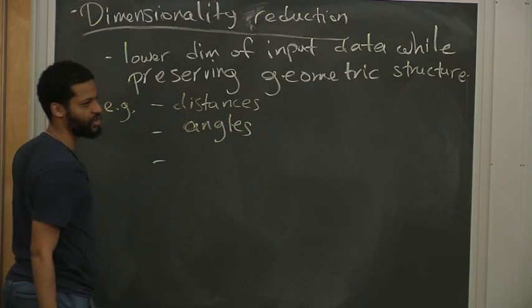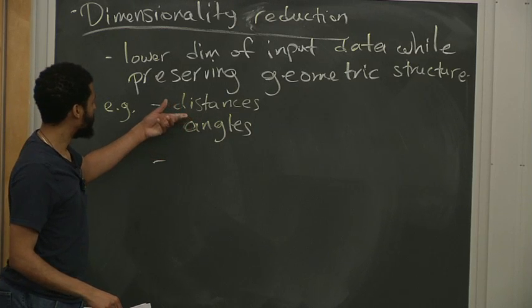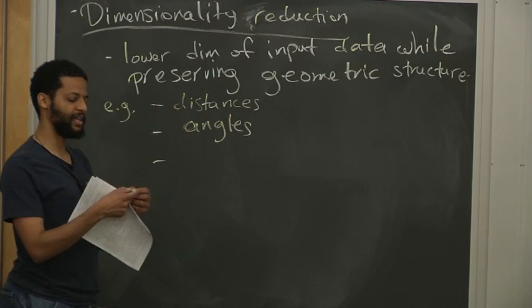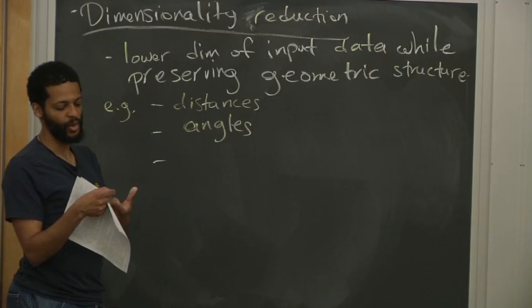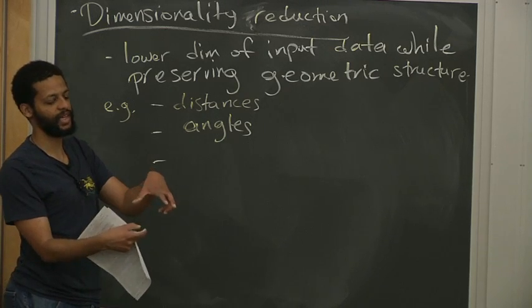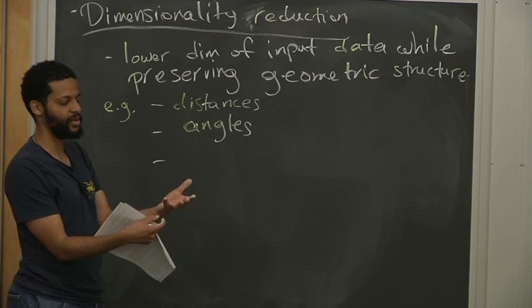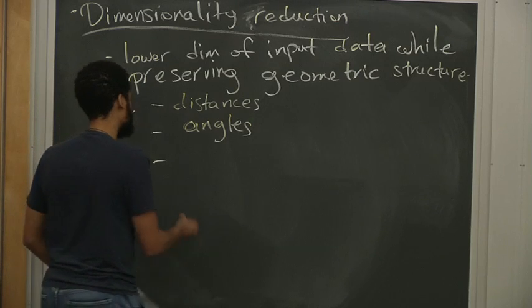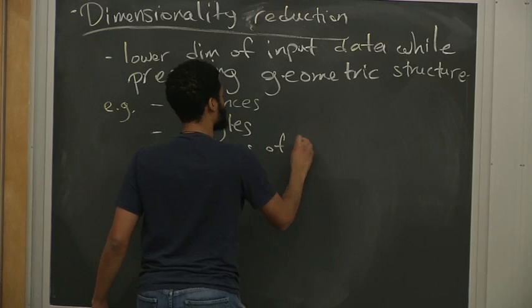Or so what's the distance? Take any two pairs of points and look at the length of the line between them. And maybe you want to do a higher dimensional version of that. Take any subset of k points. You want to preserve the volume of their convex hull. So volumes of subsets of points.